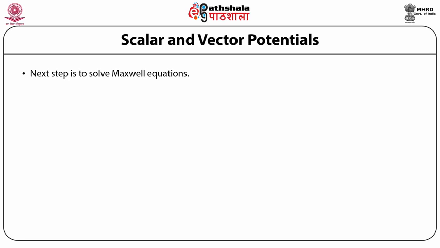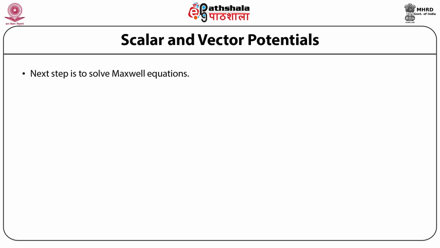So our effort over here is to see if we can reduce Maxwell's equations from the existing 4 equations to a lesser number of equations, and when we attempt to do that, to also ensure that the equations that we get are uncoupled, that means have only one variable parameter.